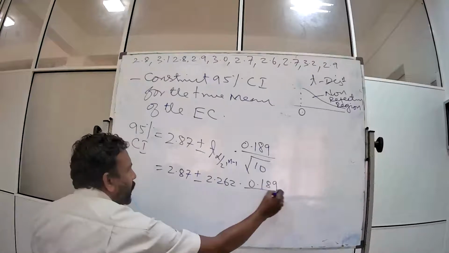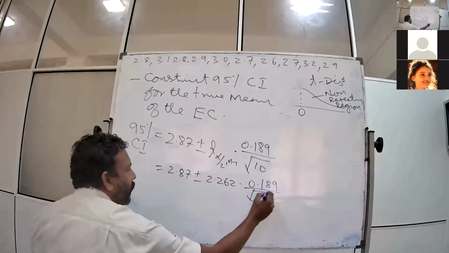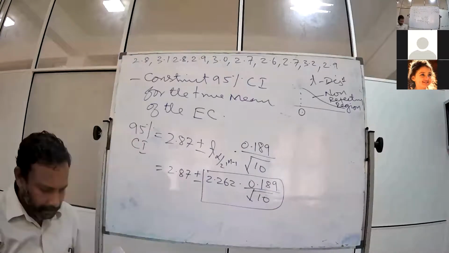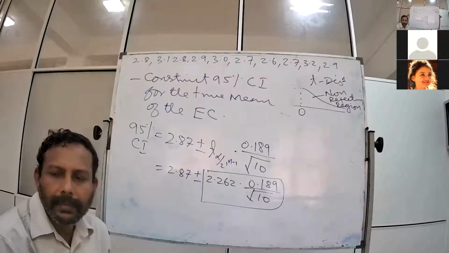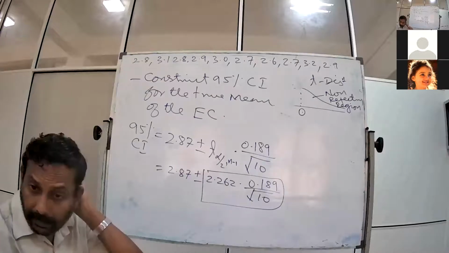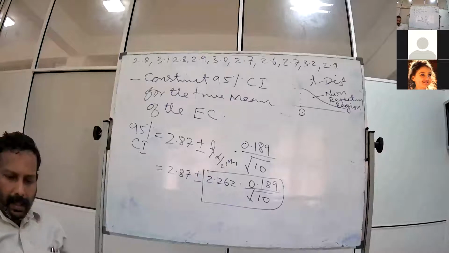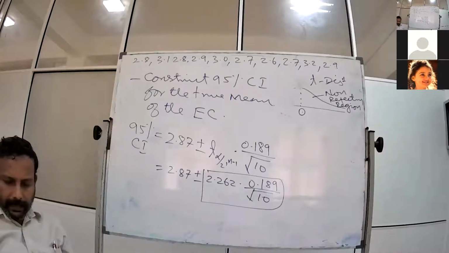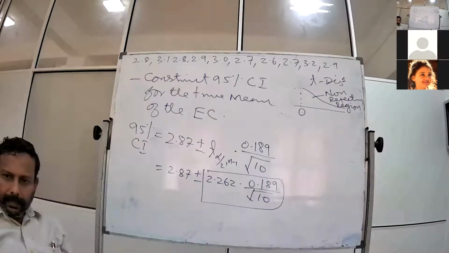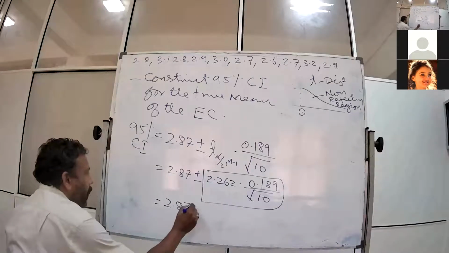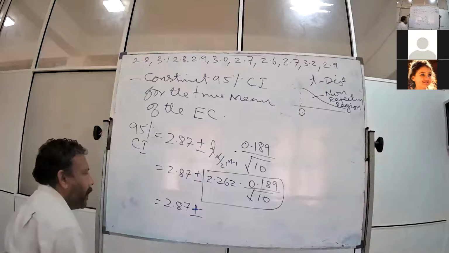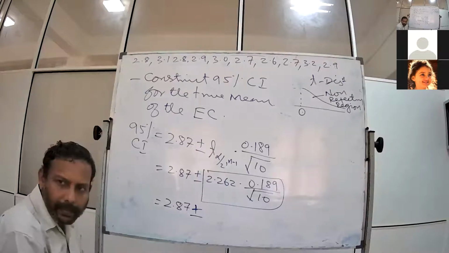Because here we can write this is 2.87 plus or minus 2.262 into 0.189 divided by square root of 10. Somebody work with this value and tell me what is the answer for that. Very quickly. What is the value?